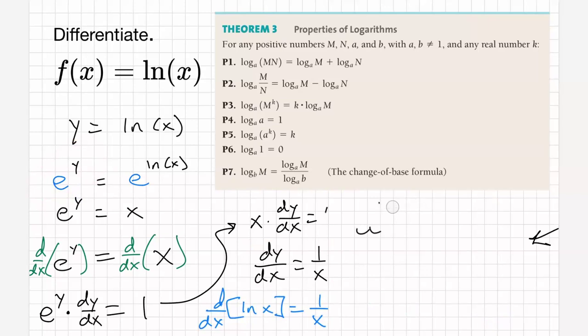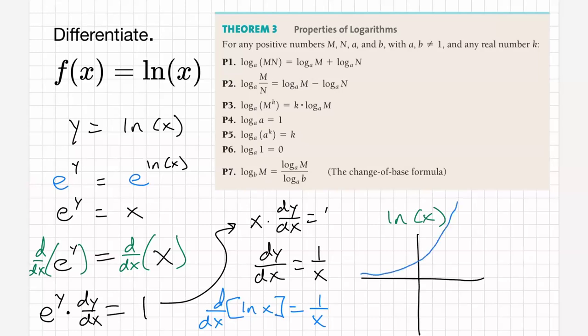Now, there are some things I definitely want to talk about so that we're paying attention to this. Why are we allowed to divide by x? Well, make sure you remember that the natural log of x comes from the inverse of an exponential. So if I do a quick sketch of the graph of an exponential, remember the exponentials we looked at look something like this. One side approached the horizontal asymptote, the other side grew infinitely, what we call exponential growth or decay.